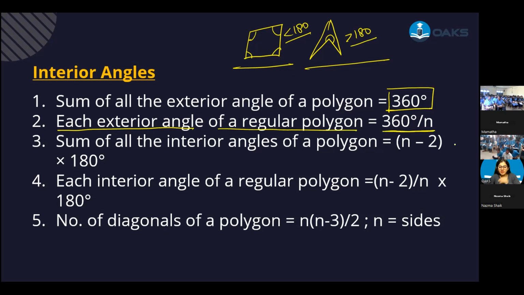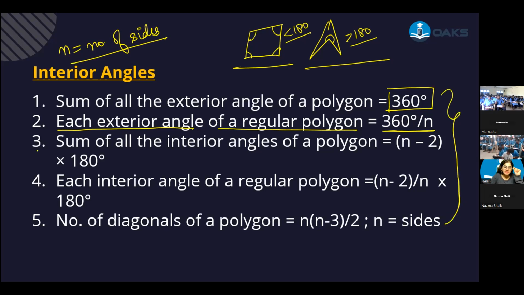Okay, are you understanding the concept? Okay, these formulas I'm just telling you right now. I'll explain them again in the next class. But just write down these formulas. I'll be asking you some questions and you have to answer. Now, just look at the third one. Sum of all the interior angles of a polygon is n minus 2 into 180.